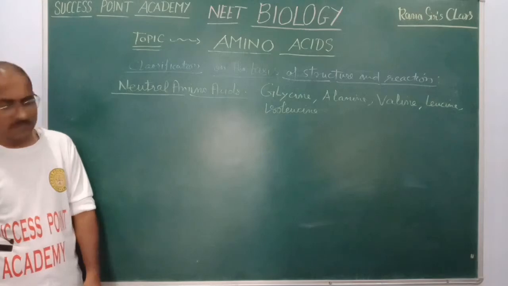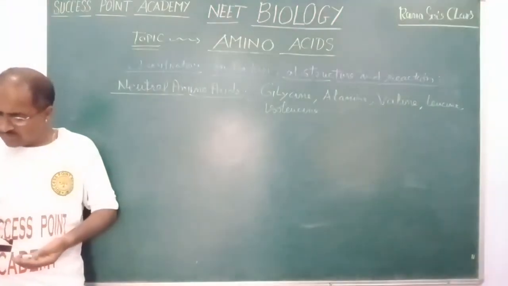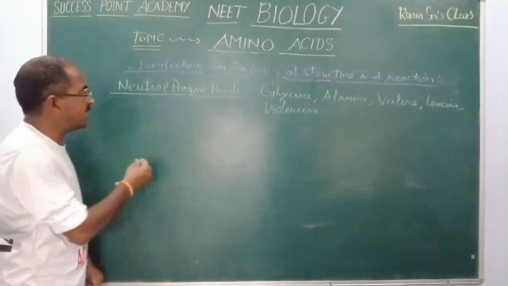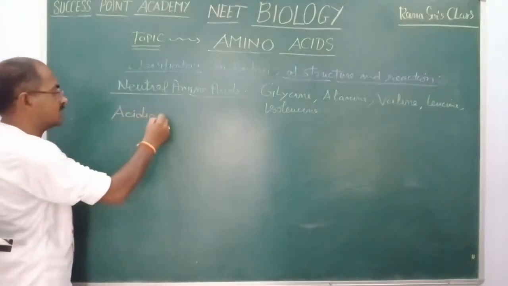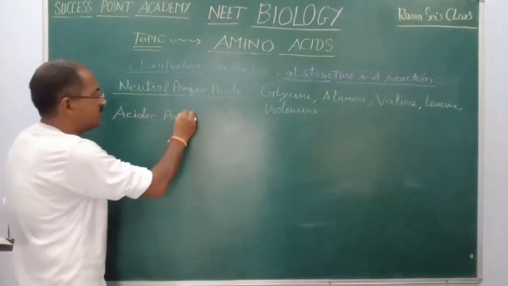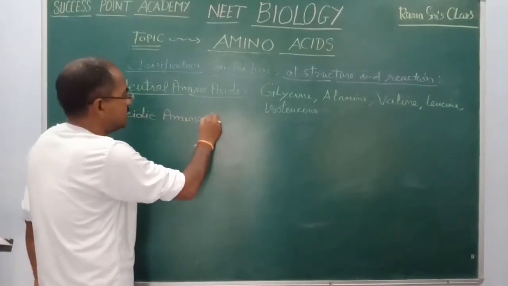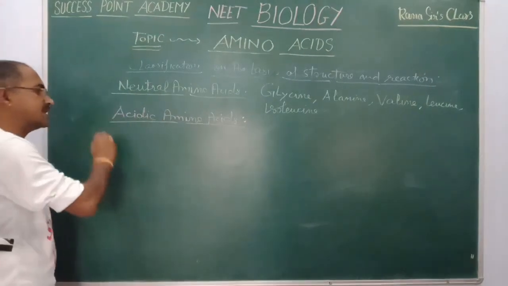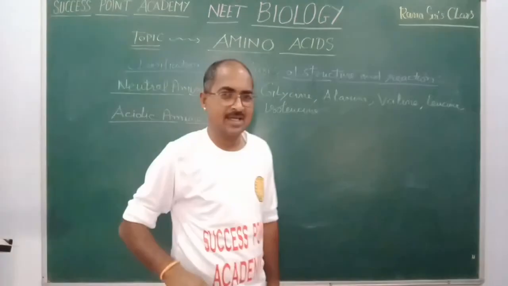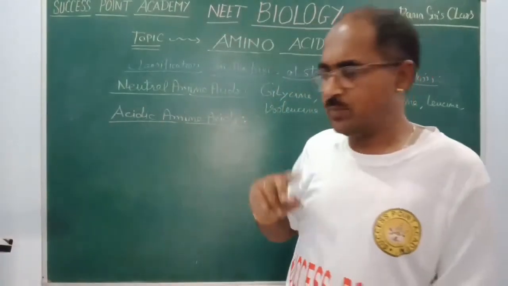Okay? Second category, students, that is acidic amino acids. The name itself is telling you that acidic character will be more. So acidic character is given by the COOH group, carboxylic acid group.